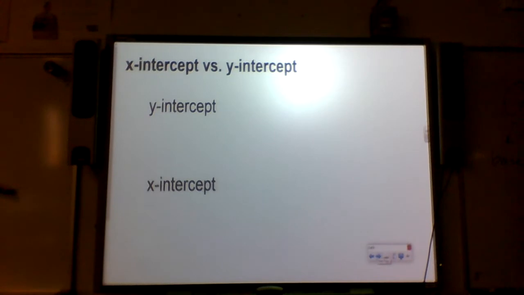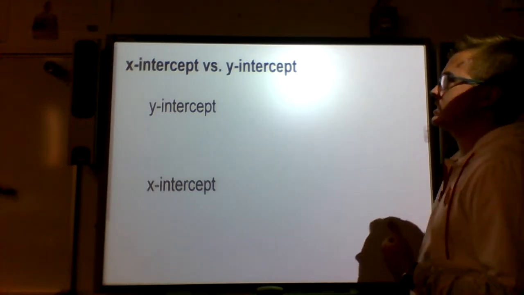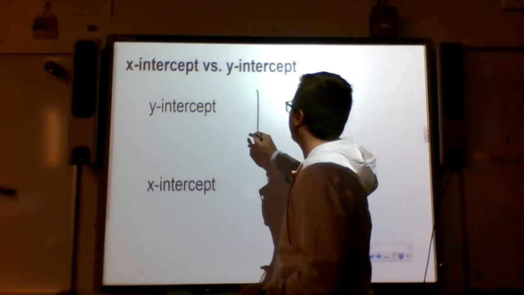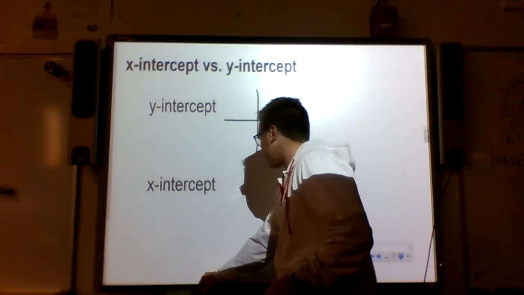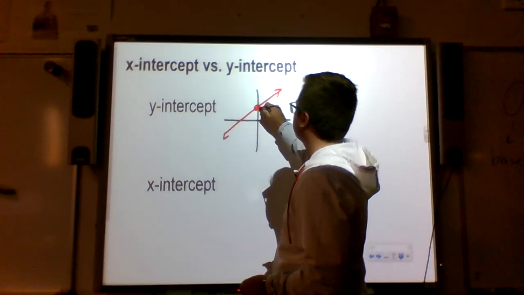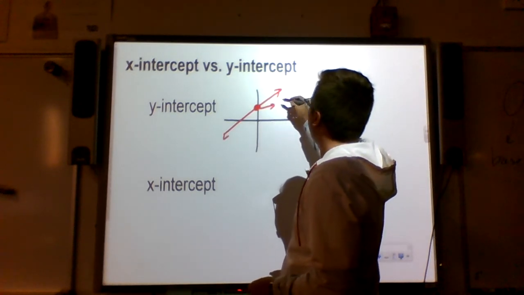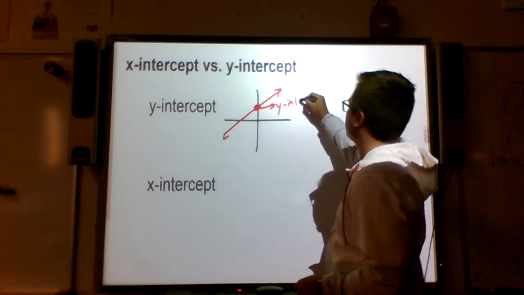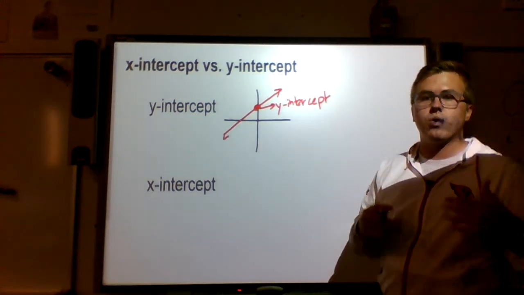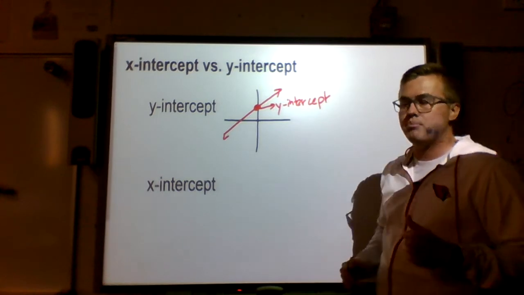So x-intercepts versus y-intercepts. If we're looking at a y-intercept, well, we just talked about that on a graph, that would be where it crosses the y-axis. So this would be the y-intercept. And then y-intercepts, what form do they take as a point?